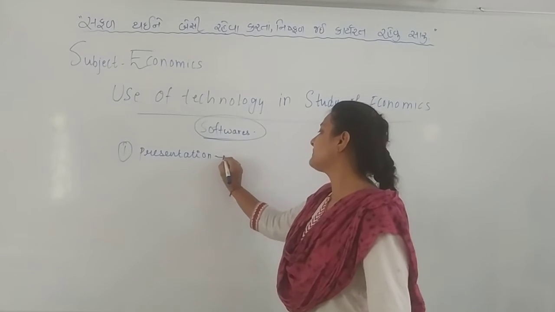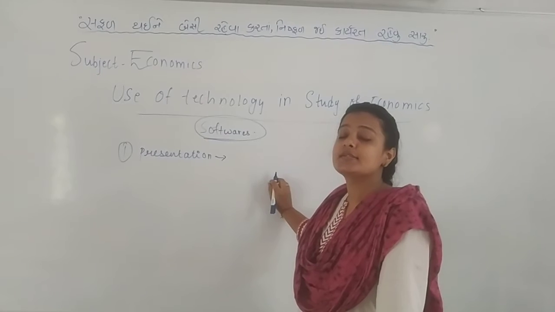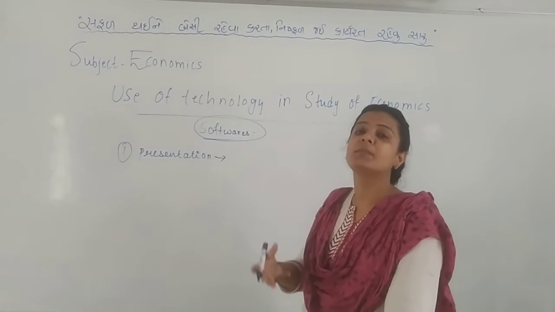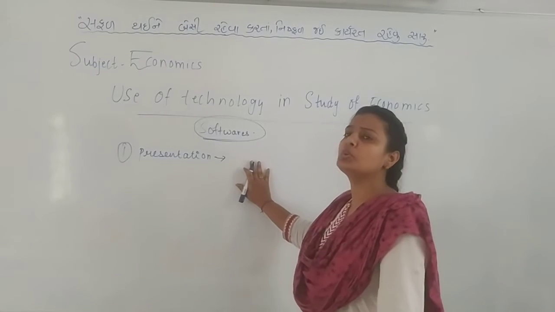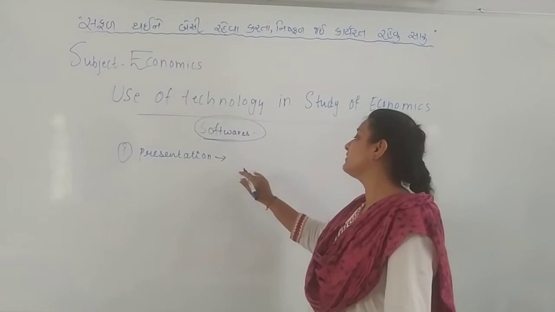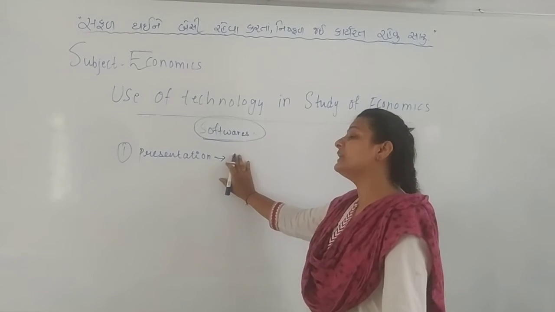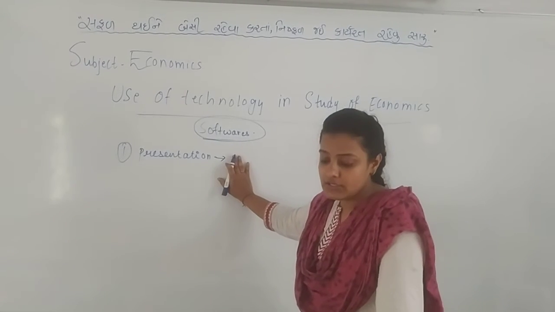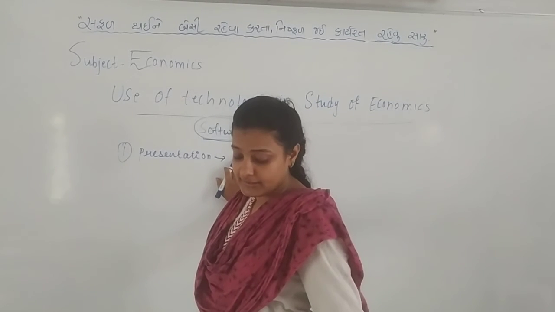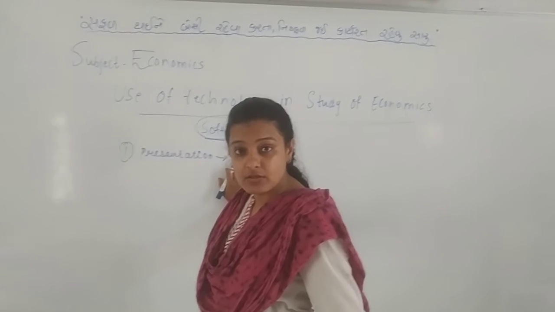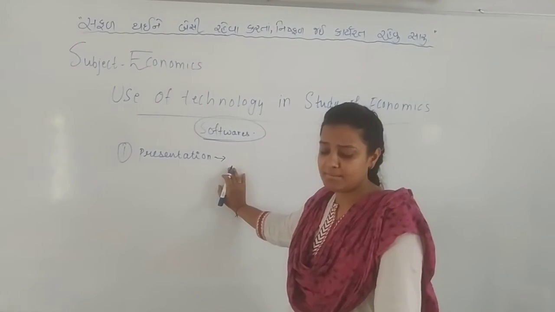But here presentation means whatever confusing, lengthy statistical data which are given in numbers, ratios, percentages, all the things, you can make them understand very easily with the help of presentation. Computer can make this data be presented easily. Examples are given in your textbook, like budget, it can be considered. You can say population, literacy, XYZ data can be presented.